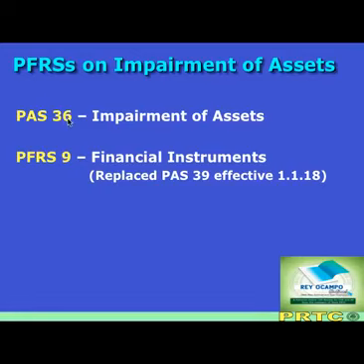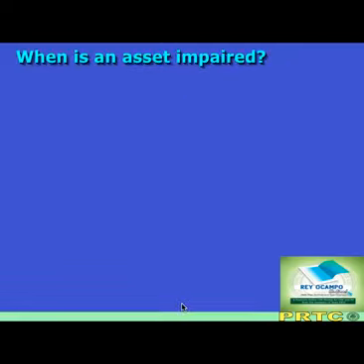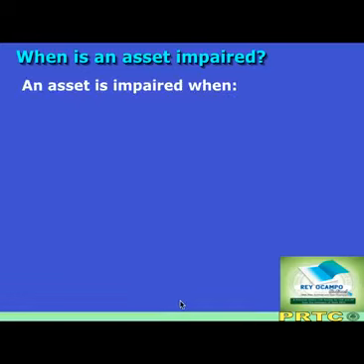For assets within the scope of PAS 36, the core principle: when is an asset impaired? An asset is impaired when the carrying amount exceeds the recoverable amount.